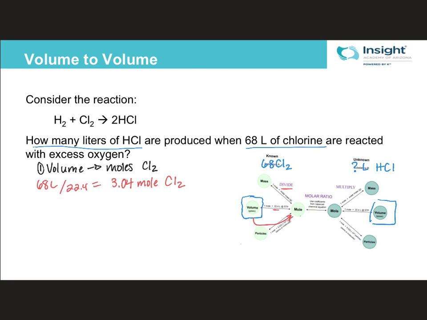Next step, molar ratio. I need to convert from moles of Cl2 to moles of HCl. So I'm going to start by setting up my parentheses, and then what goes on the outside? It's going to be your known moles, the number we just calculated, the 3.04 moles of chlorine.